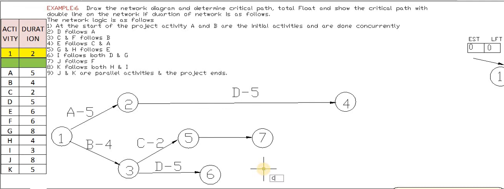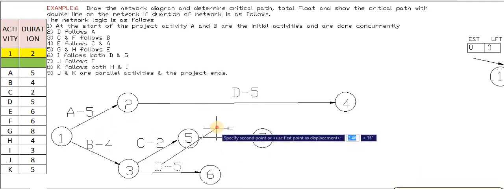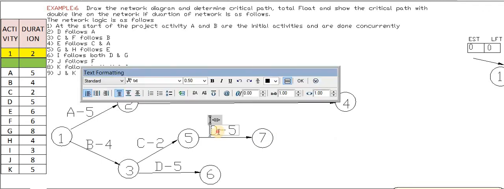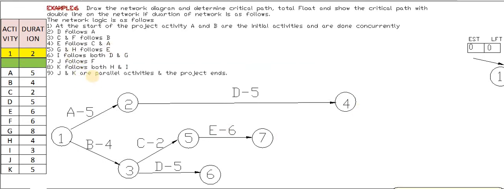So we will give this as 6. E as 6. Okay.